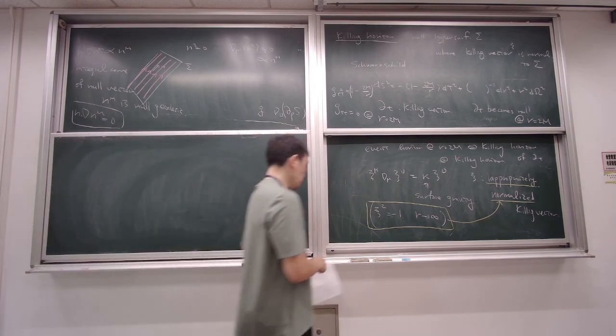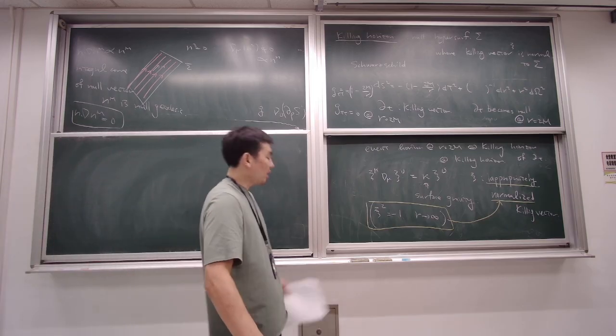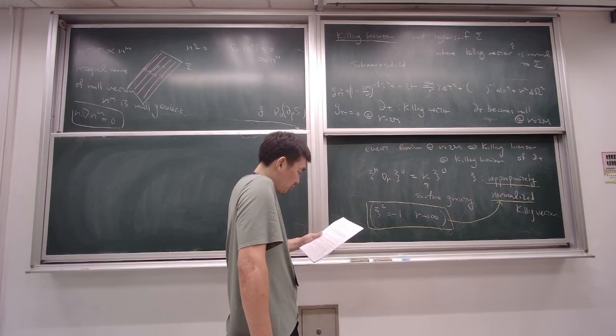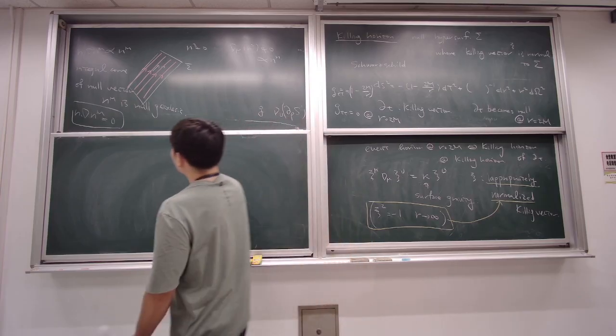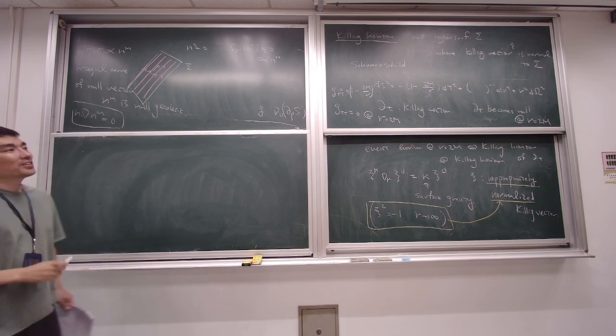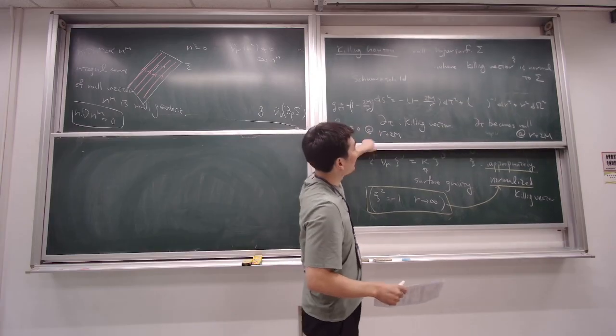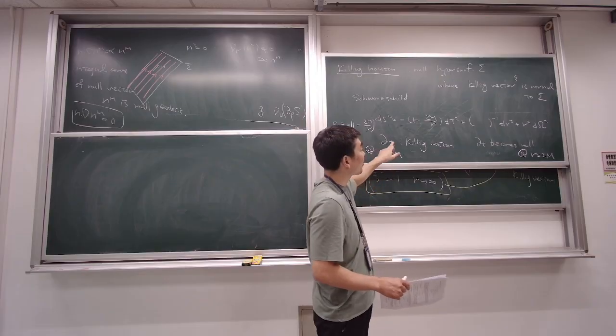I somehow used the ingoing Finkelstein coordinates in my lecture note, but I think the conclusion should be the same. So let me try. Here I just use the standard coordinates for Schwarzschild to define the Killing horizon. There is nothing wrong with this.